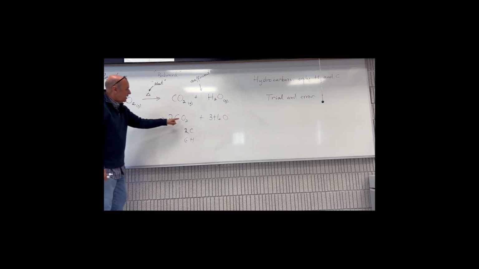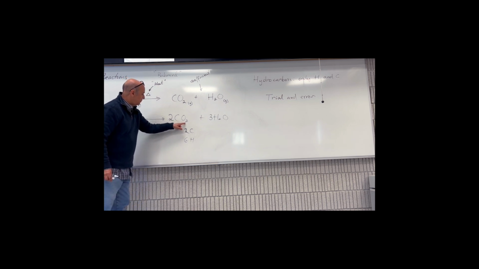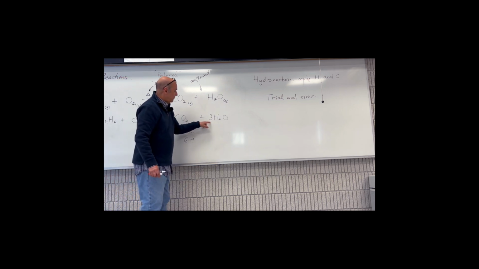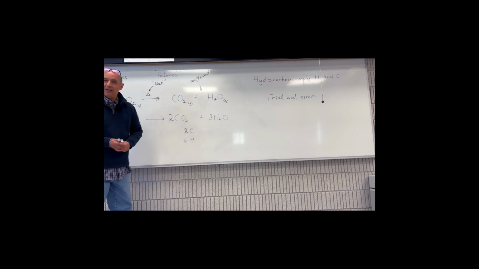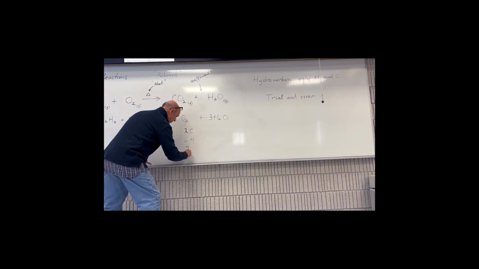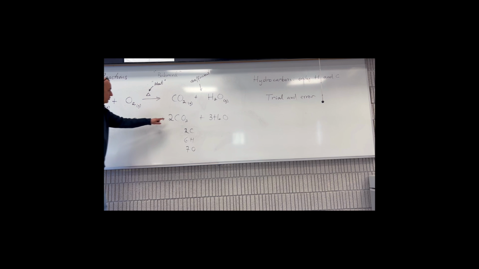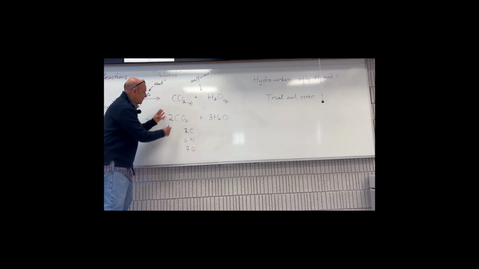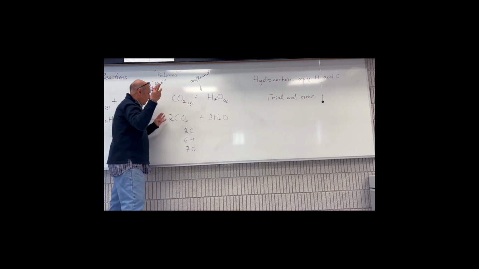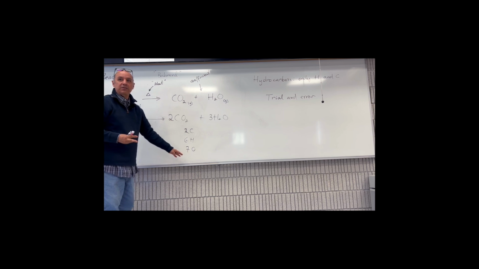And on the right side, we have 2 times 2, 4, plus 3, 7. Yikes. I don't like that number because it's an odd number. So 2 times 2, 4. 3 times 1, 3. 4 plus 3, 7 oxygens.